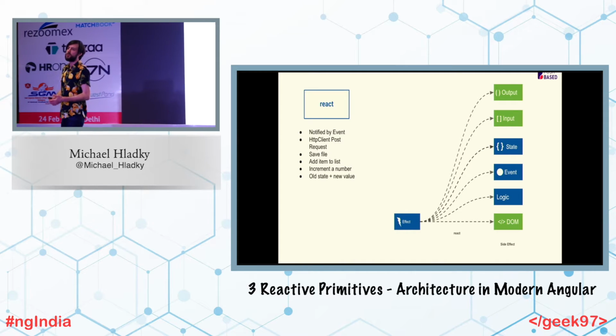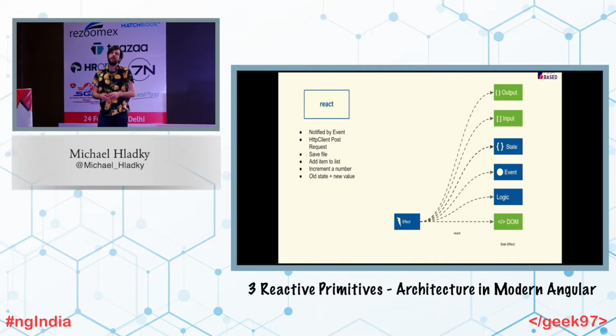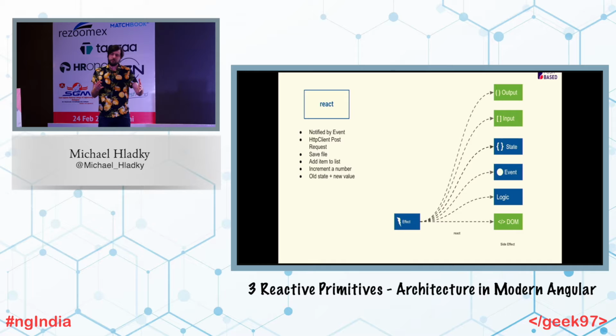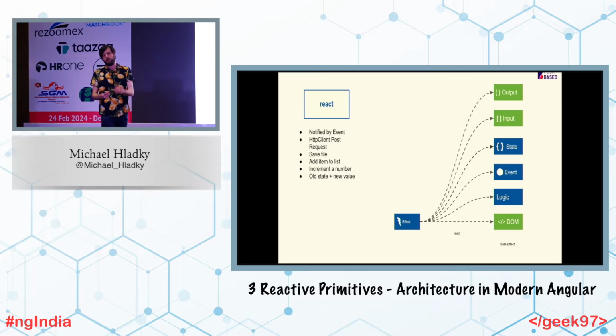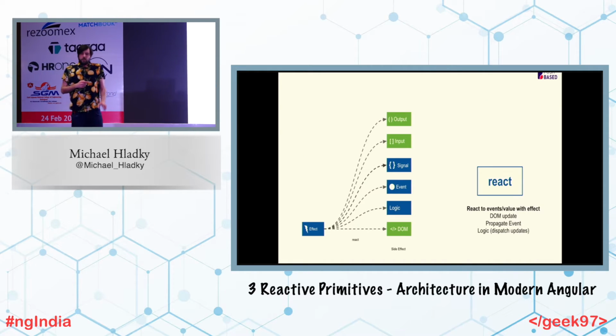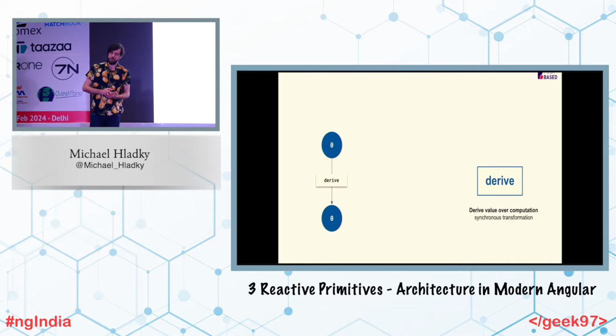The most common one is the DOM at the very bottom. So you most probably colored your pixels in the screen based on some interactions, and the other one on the upper end is output, right? Your Angular component could have an output, and this is also triggered through those effects. So that function is called a reaction, or reacting to something.